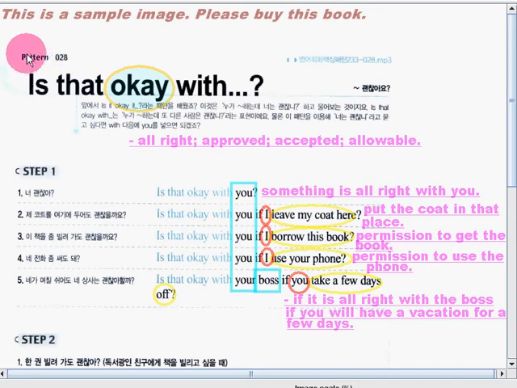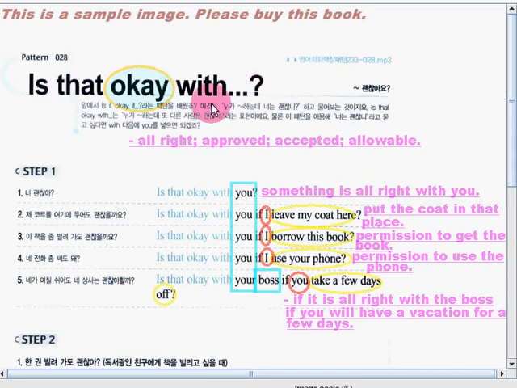Our pattern for today is "Is that okay with?" The word okay, you already know what that means. It means alright, approved, accepted, or allowable. Now, we have the word with here. That means the next word can be a person.